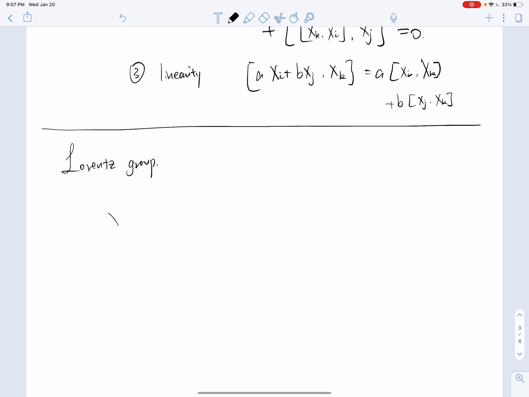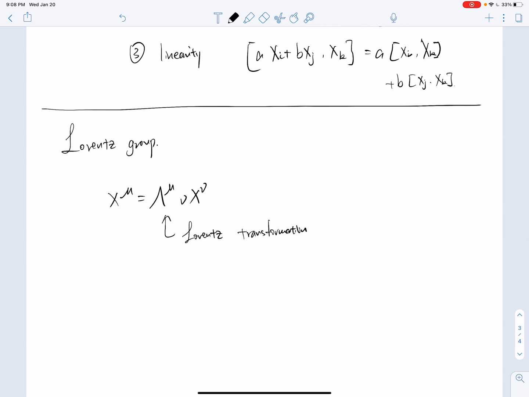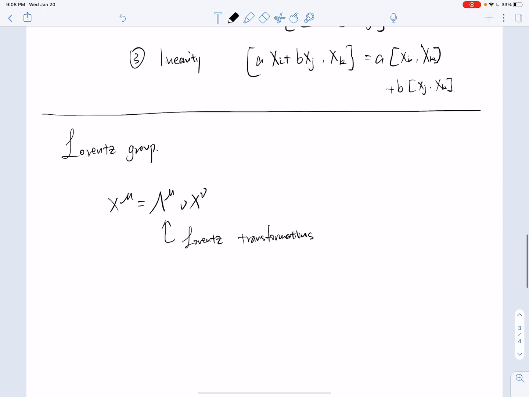As we've seen before, the Lorentz transformation looks like this. All the Lorentz transformations form a group, and it's called the Lorentz group.